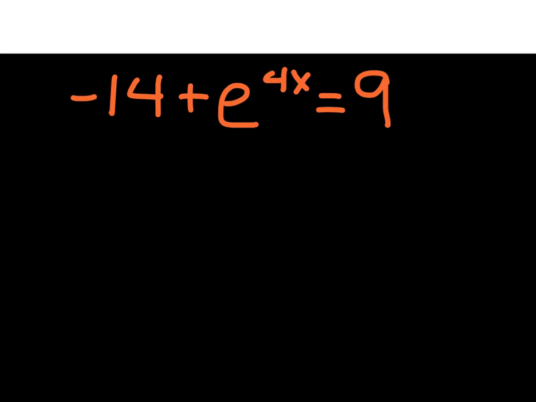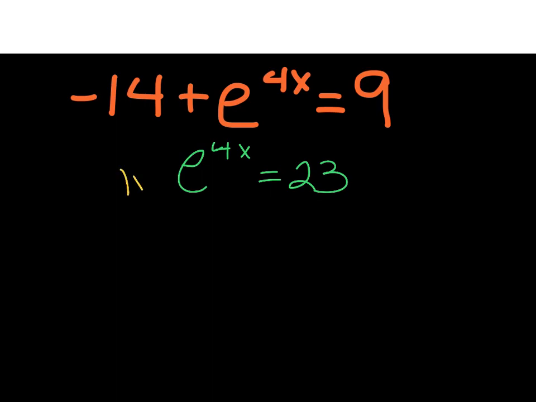And I got negative 14 plus e to the 4x equals 9. So a single e, what do I do here? Say again. ln both sides. So first I've got to isolate the e, so I'm going to add the 14 to the other side.